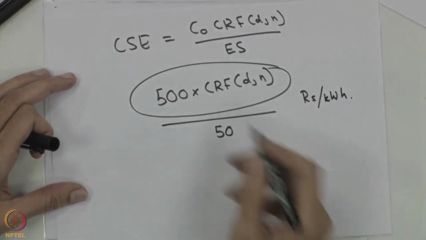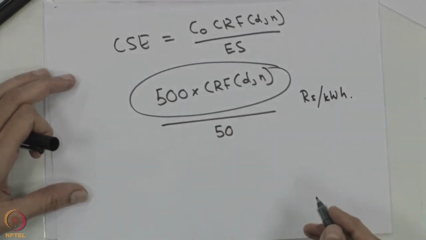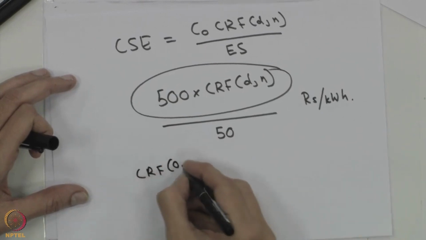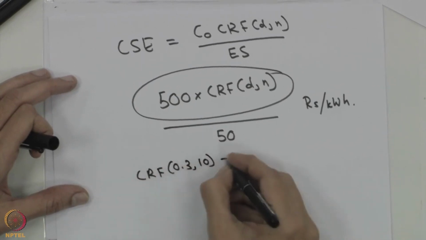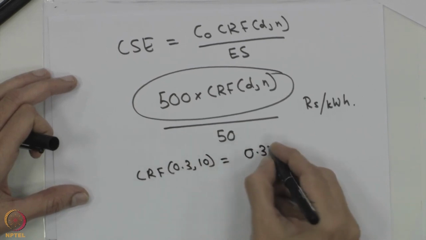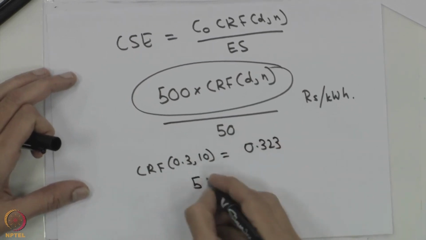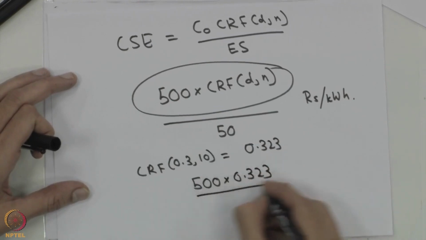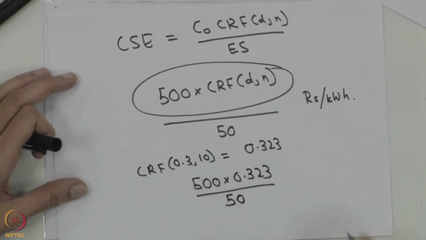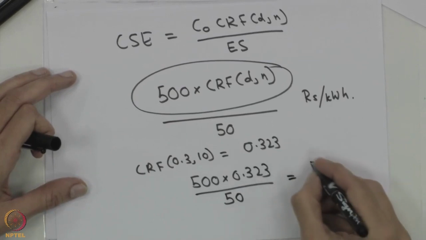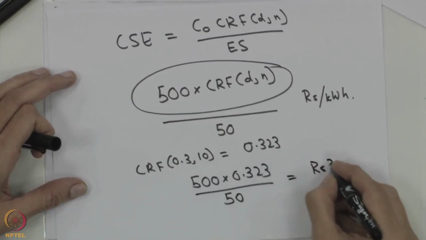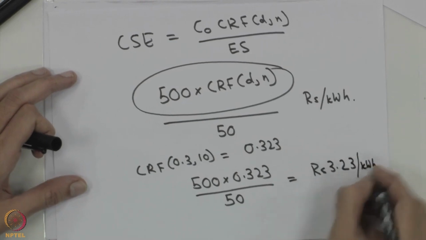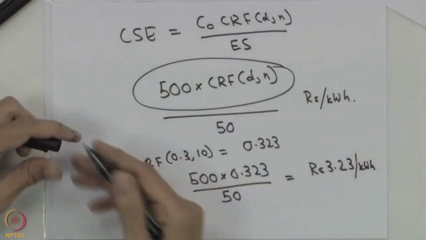Now if we took a discount rate of 0.3 and so CRF of 0.310, then this will be 0.323. We had calculated it earlier. So you get 500 into 0.323 by 50, and the cost of saved energy turns out to be rupees 3.23 per kilowatt hour. If your discount rate is lower, then this cost of saved energy would be lower.